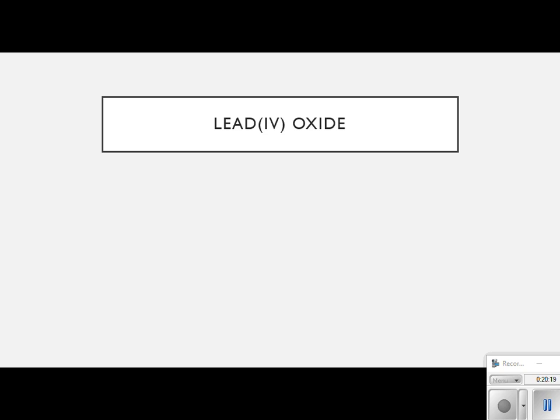So if you look at an element, and we're dealing with cations, so it's going to be a metal, and that metal has more than one oxidation state, it is multivalent. If it is multivalent, we need to have this Roman numeral right here in order to tell us which one.